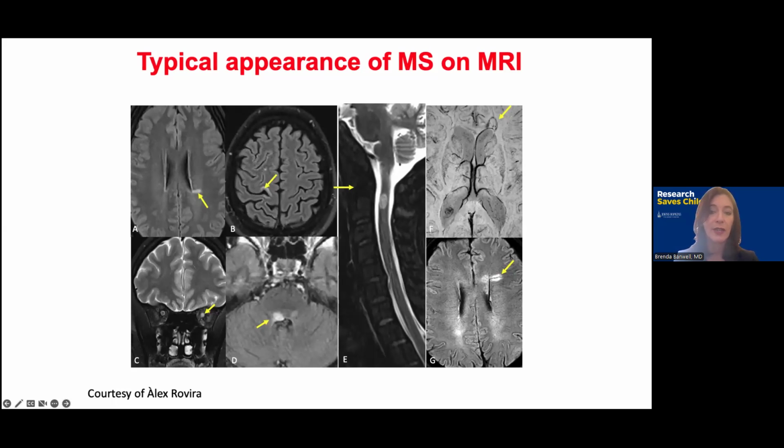So in F, the arrow is pointing to a dark rim around the edge of a lesion, and that's a paramagnetic rim lesion, which if we put a microscope there, would show macrophages that are activated, ingesting myelin, and also expressing iron. And then on the bottom in G, we see that many lesions in multiple sclerosis have a vein running right through the center. And later, Dr. Chen is going to show you why when she illustrates some of the pathology.